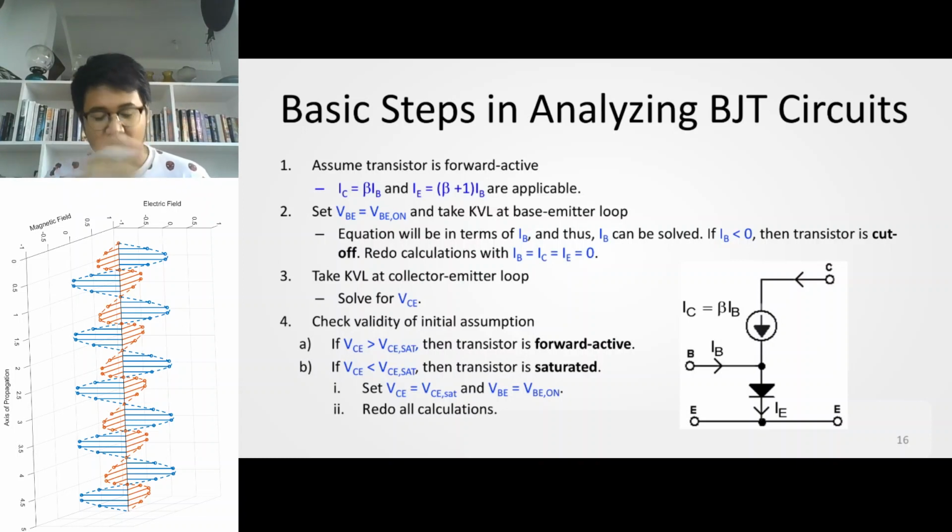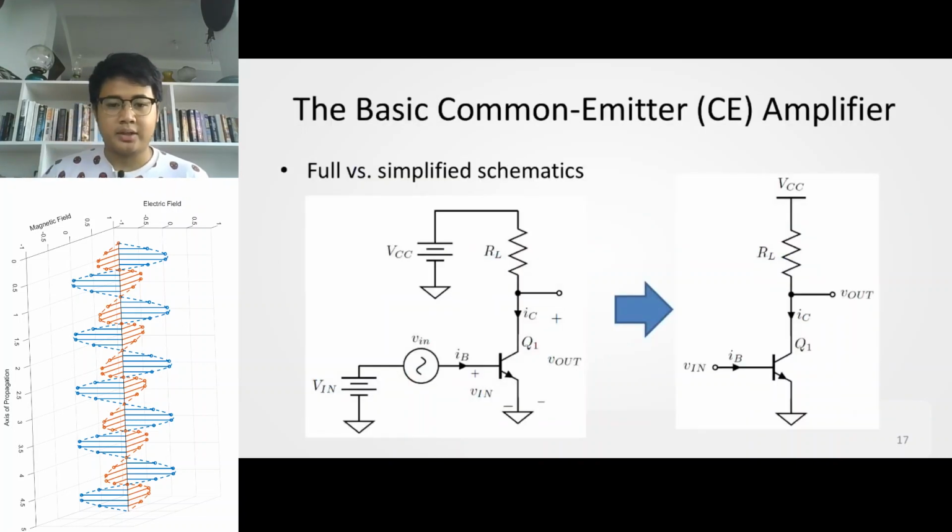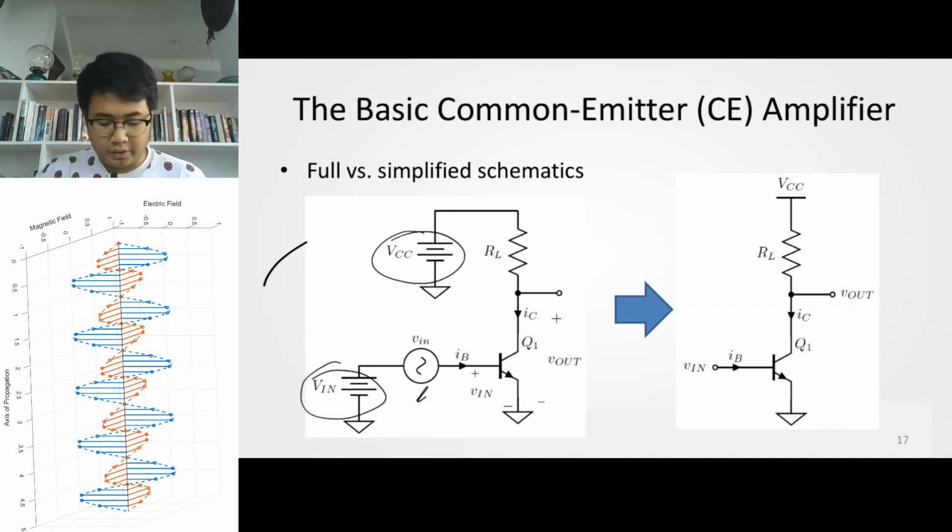Anyway, let's talk about bipolar junction transistors. One way to use a bipolar junction transistor is the common emitter amplifier topology. This is the basic schematic for a CE amplifier, and the full schematic is shown on the left, where you have DC sources and the signal that you want to amplify.